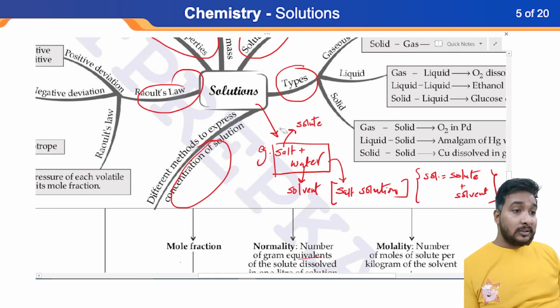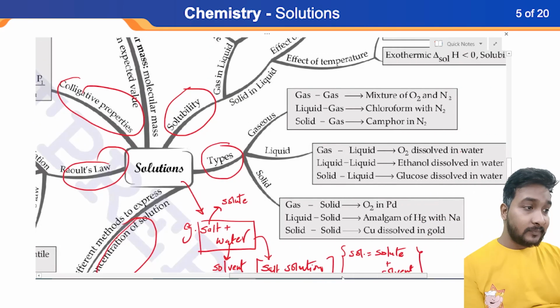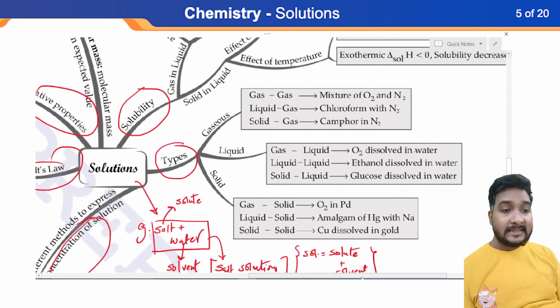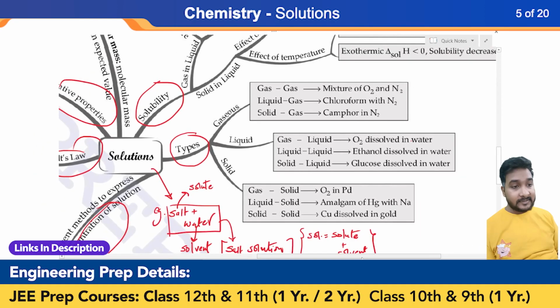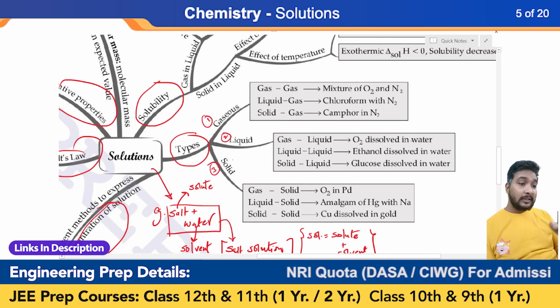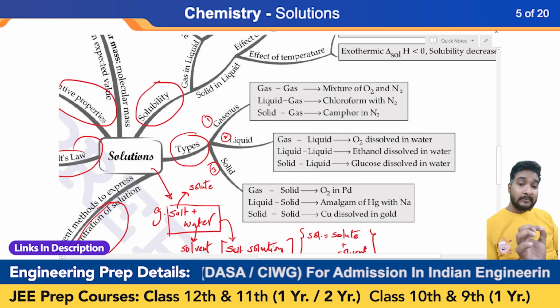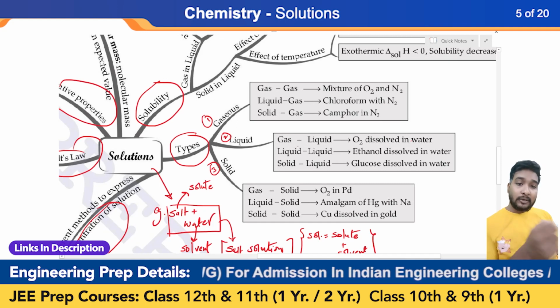Okay, now on the basis of the state of solvent and solute, we can easily categorize solutions into 3 types: gaseous solution, liquid solution, and solid solution. And remember one thing, in all these 3 types, the name is completely dependent on the state of the solvent.